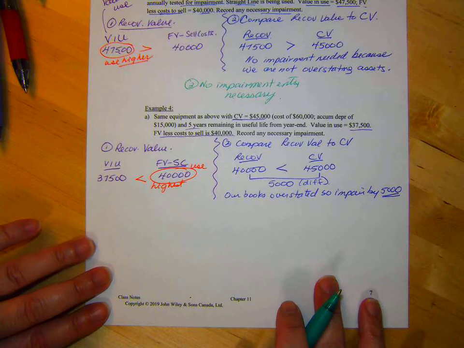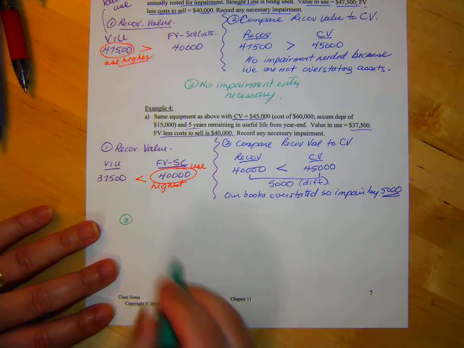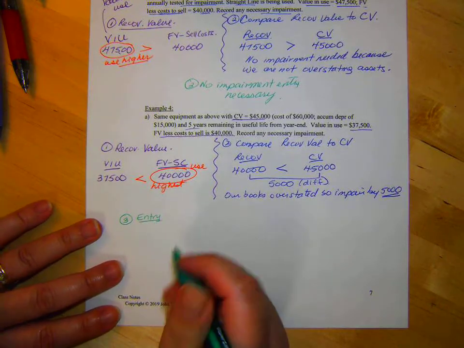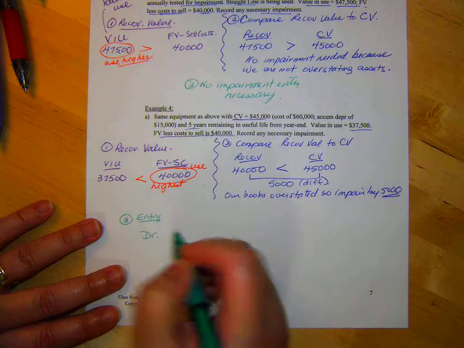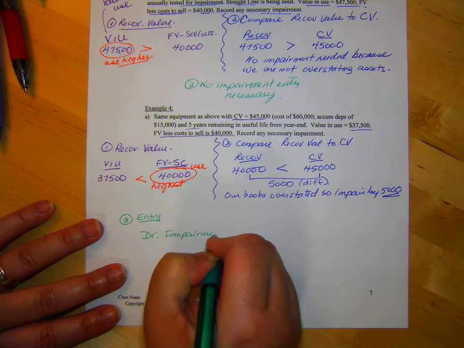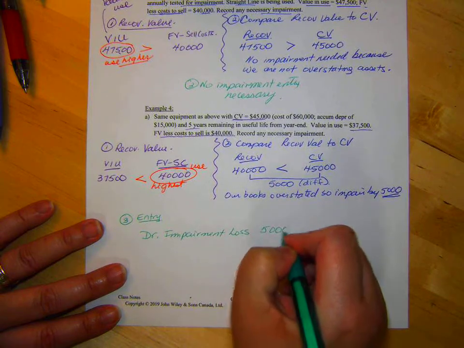Okay, so we need an entry. So, third is the entry. So we're going to debit impairment loss for 5,000.